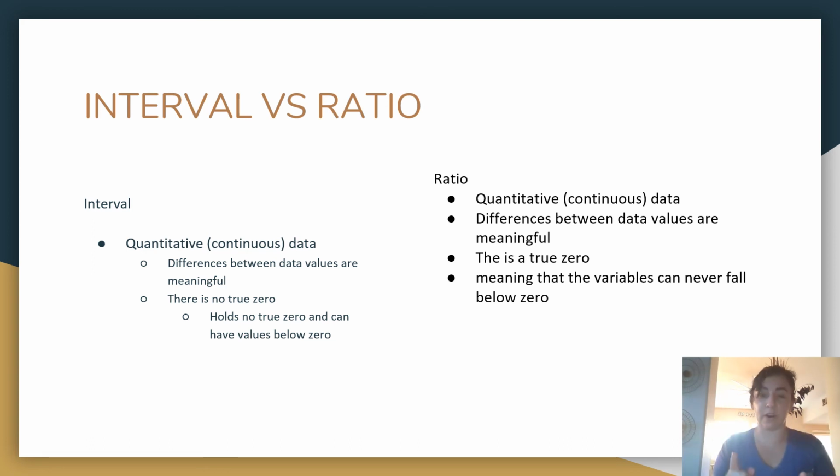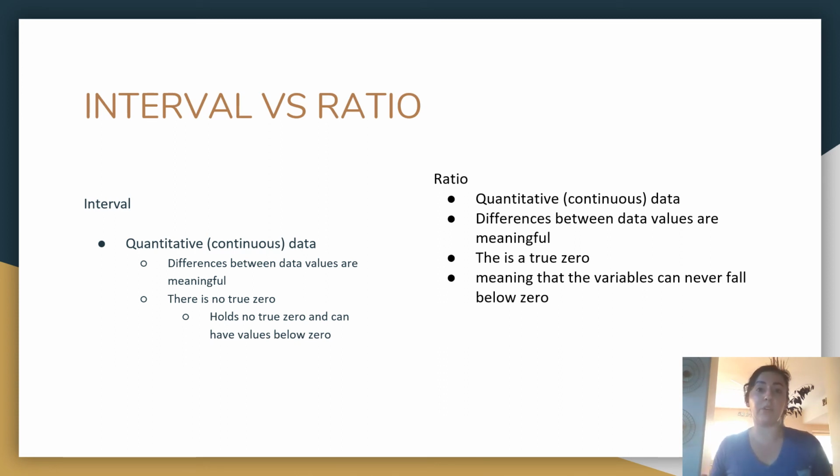Where they differ, how you can tell the difference between interval variables and ratio variables, is that interval variable values have no true zero. So it holds no true zero. And that means that it can actually have values that are below zero.